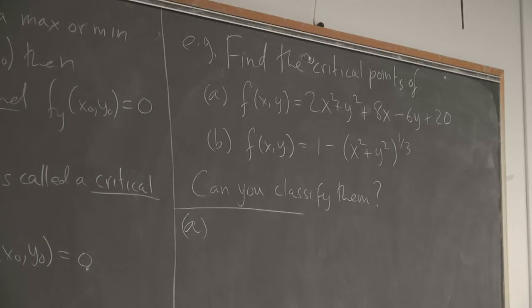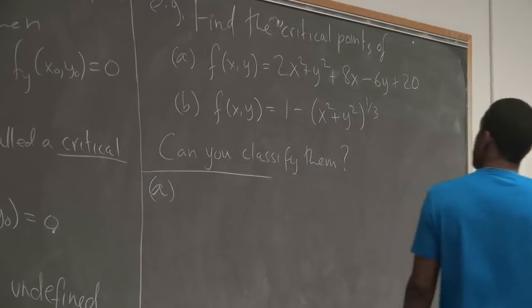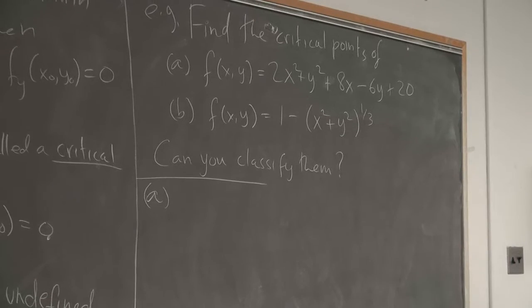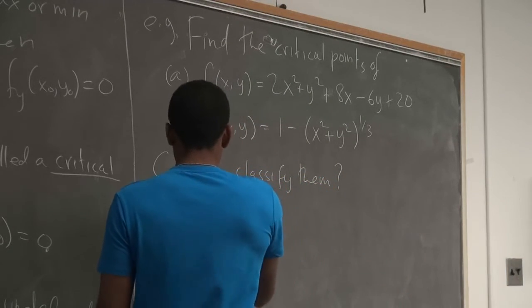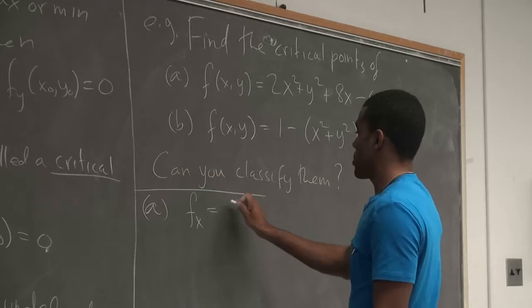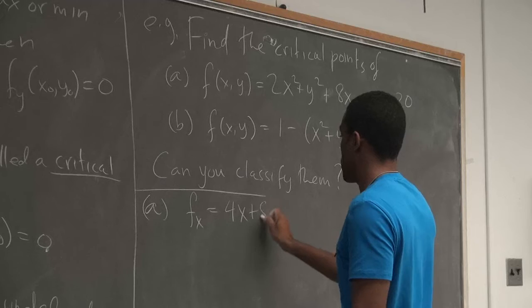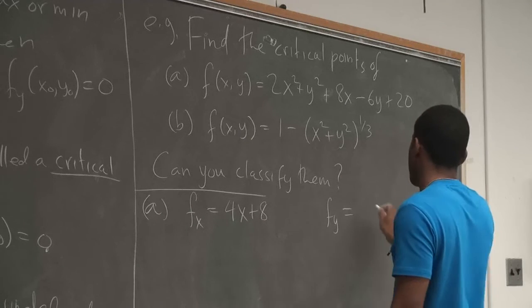So start with A. How do we find the critical points? Take the partials, set them equal to 0, and we solve. We have fx equals 4x plus 8 and fy equals 2y minus 6.